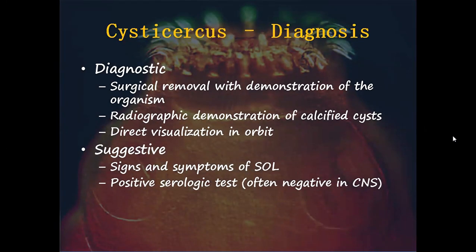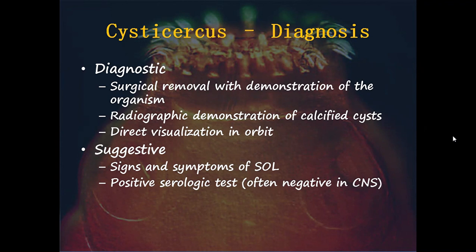So for diagnosis, you can diagnose them by surgical removal and demonstration of the organism from the various tissues. You can do an X-ray and show calcified cysts, or if it's in the orbit or the eyeball, you can do direct visualization by your fundoscopy exam.